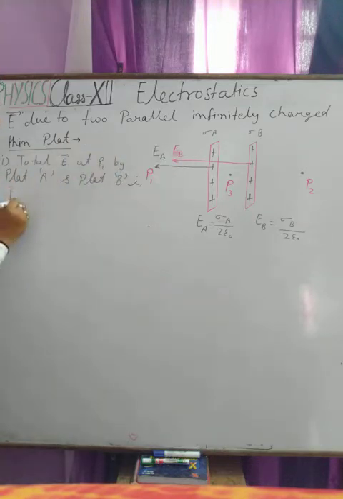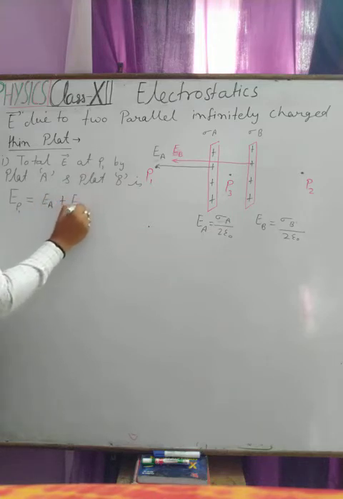We get total electric field at P1 is equal to EA plus EB. It is clear, student?